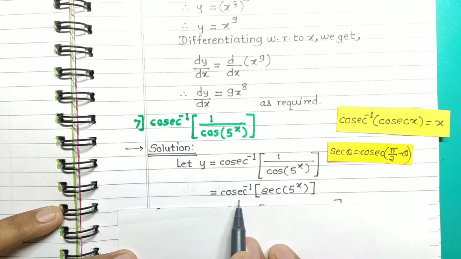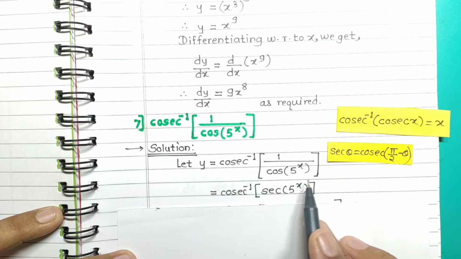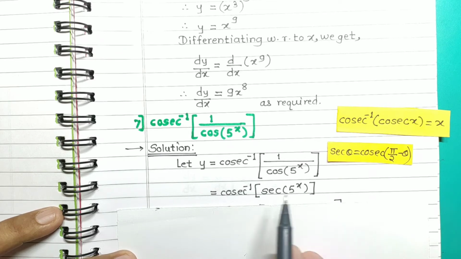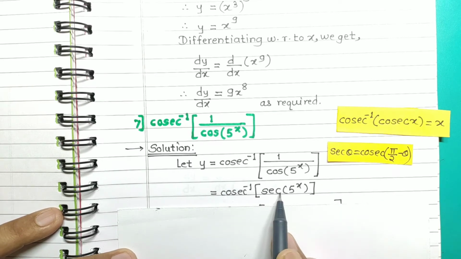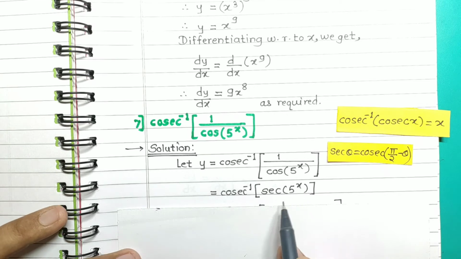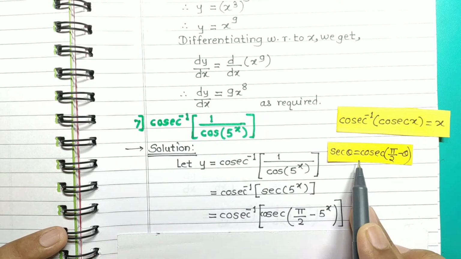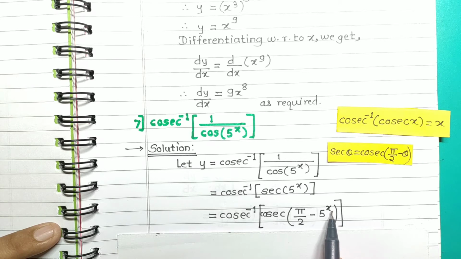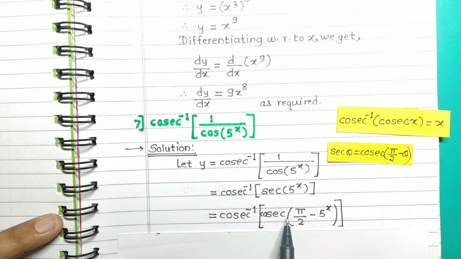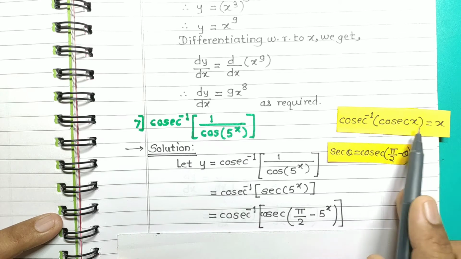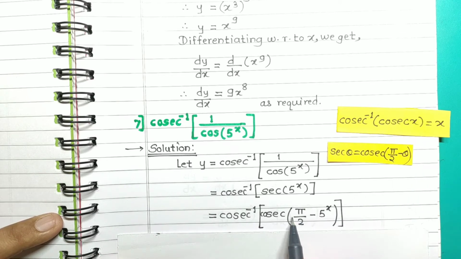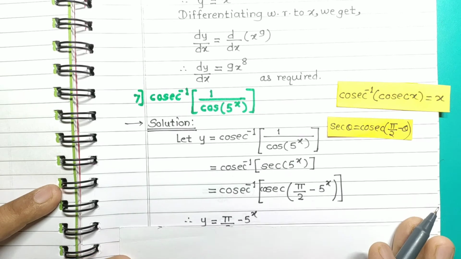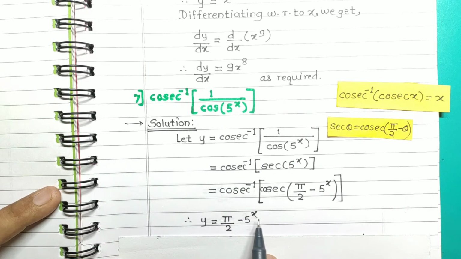So, observing all these things, let's convert this sec of pi raised to x to cosec using this formula for allied angles. So cosec inverse of, we can write it as cosec of (pi by 2 minus pi raised to x). And here cosec inverse of cosec, we are going to use this property. This will give us this bracket only. So we have pi by 2 minus pi raised to x.